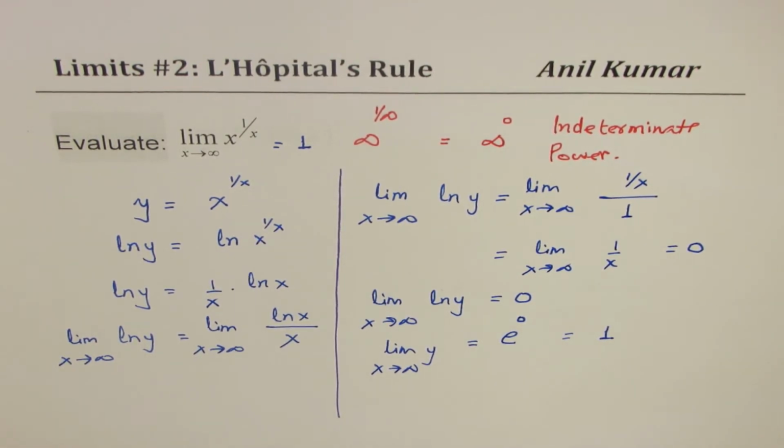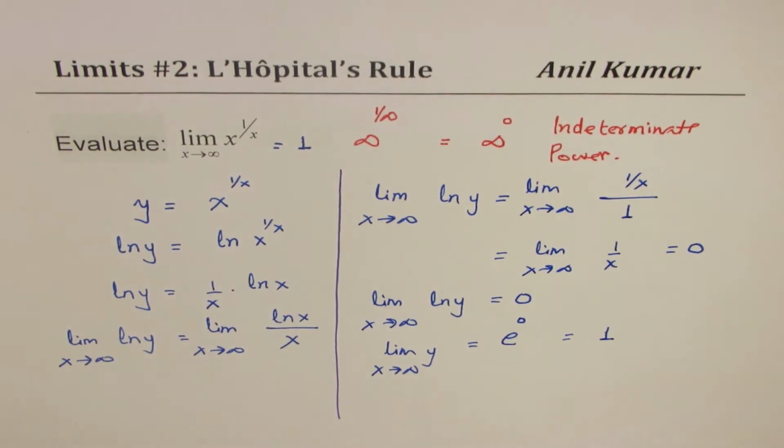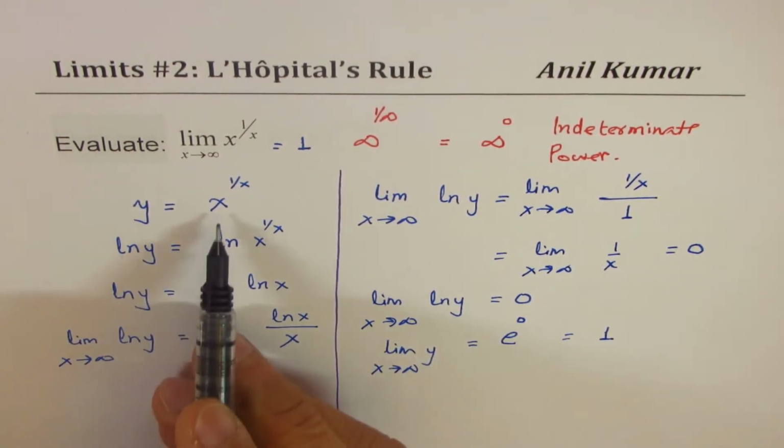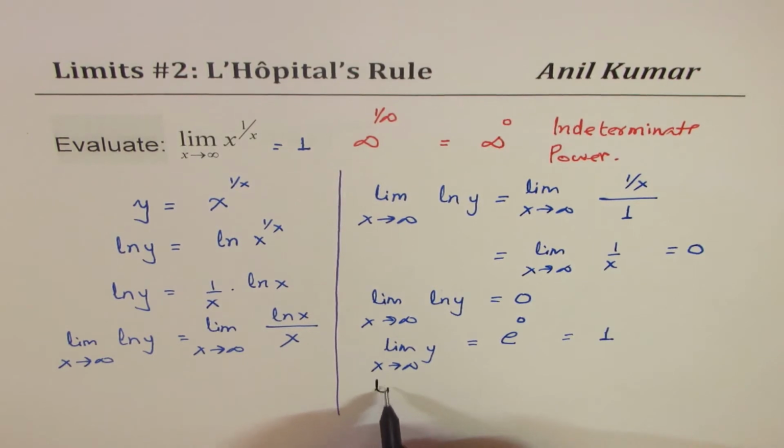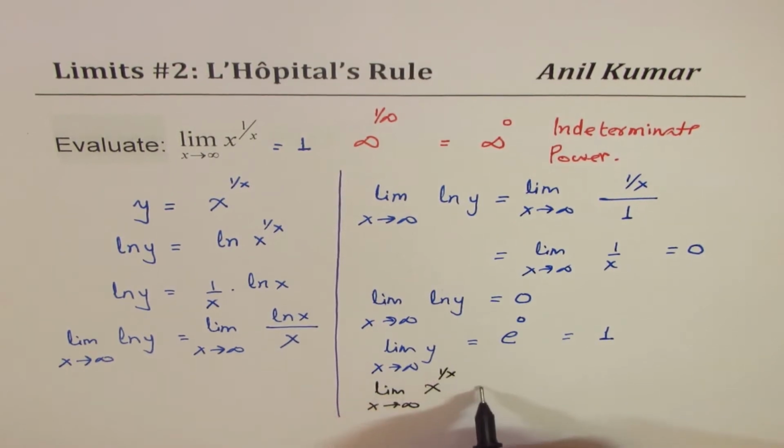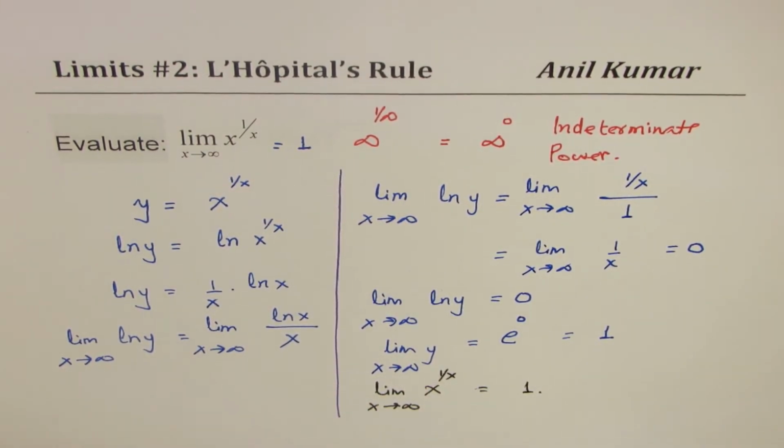So whenever you have powers, it is a good idea to write them as natural log function, take limits on both sides, and then find out the answer, right? So the last statement here says limit of y, and you know what y is. So basically it is limit x approaches infinity for x to the power of 1 over x, which is equal to 1, correct? So that completes this.